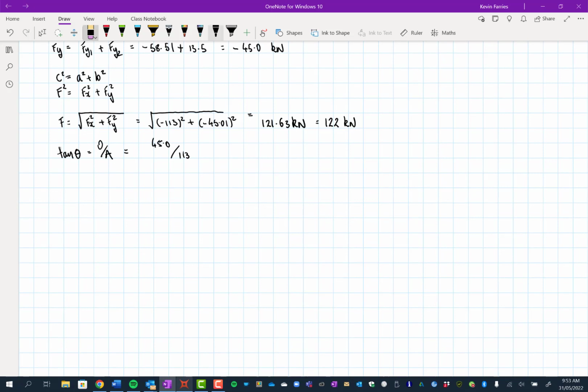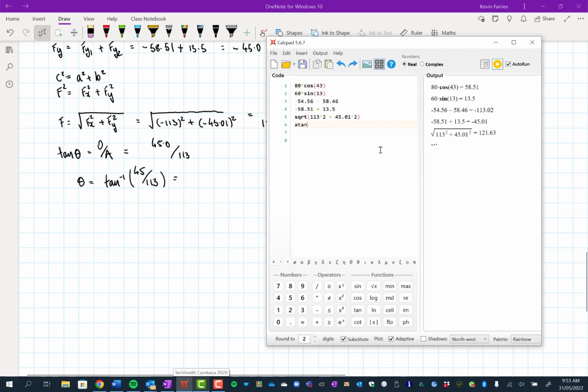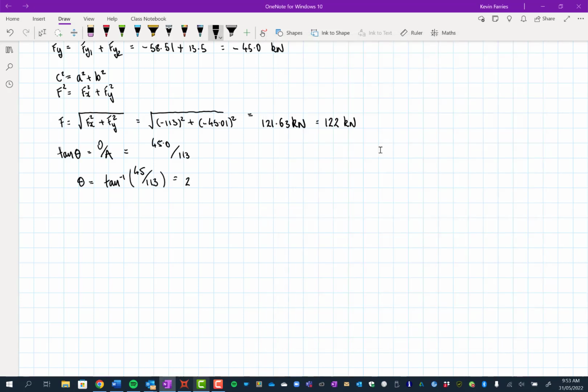So therefore theta, you just need to do the inverse tan of the other side, is tan to the minus 1 of 45 divided by 113, which is equal to, okay, again, a tan for this little calculator, 45 divided by 113, 21.71 degrees. Three significant figures.